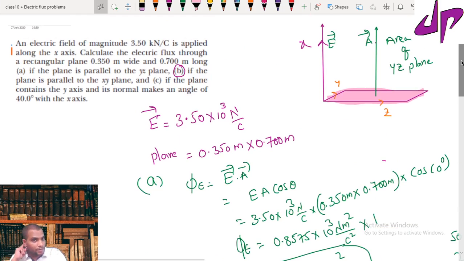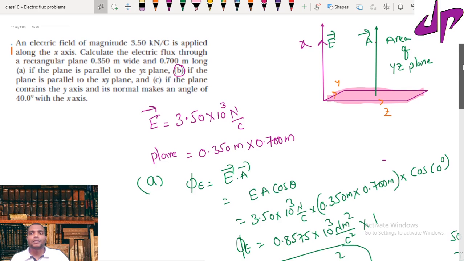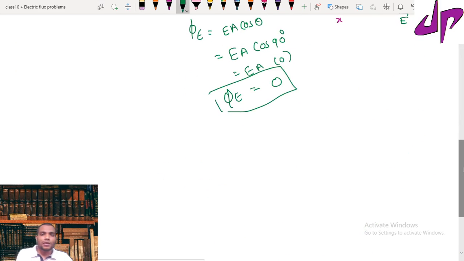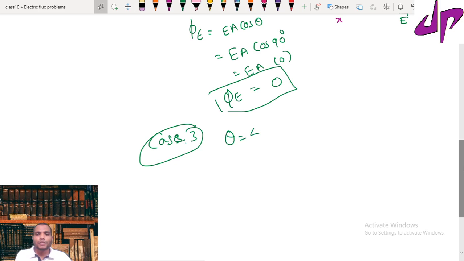Now for the third case, the plane contains the y-axis and its normal makes an angle of 40 degrees with the x-axis. The plane is containing the y-axis and the normal is making an angle of 40 degrees. So in this case, for case 3, theta is 40 degrees. Now find the flux value.